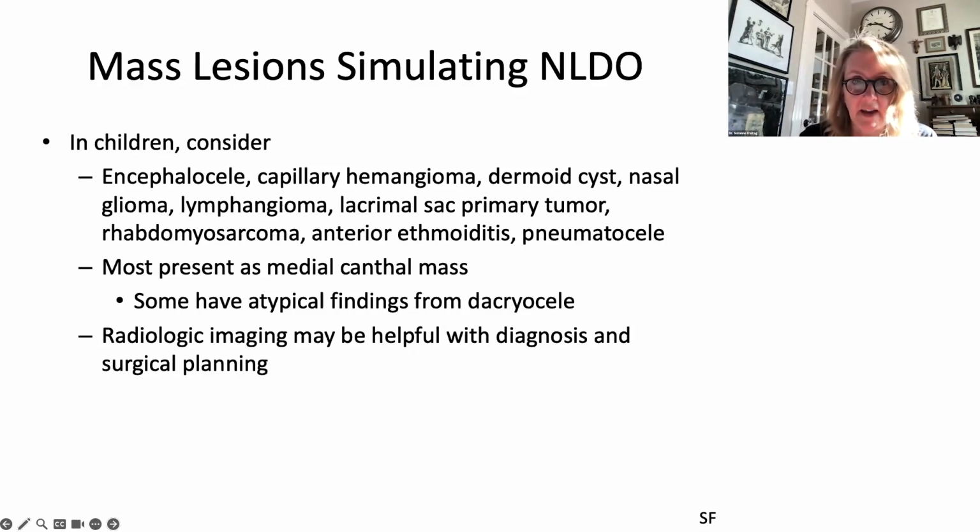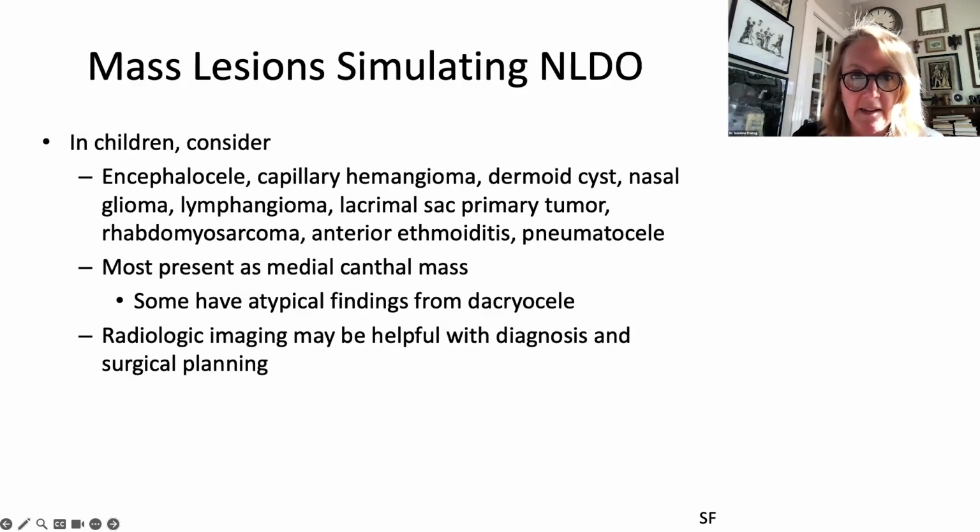Hemangiomas can occur in the area of the lacrimal sac. You could get a dermoid cyst, a nasal glioma, lymphangioma, a lacrimal sac primary tumor, rhabdomyosarcoma, ethmoiditis, pneumatocele, and most have atypical findings from a lacrimal obstruction. And radiographic imaging can be helpful if you're worried about other things and want to prepare for surgery.